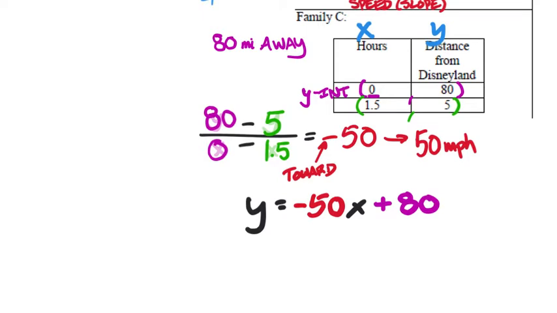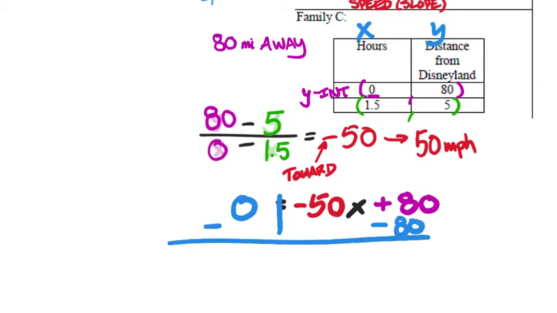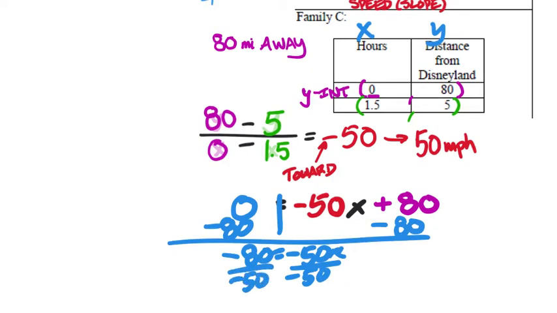So same thing as we did with family A. We want the distance here to be 0. So that's what I'm going to do. There's a 0 distance. All I've got to do is solve this equation. So subtract 80 from both sides. So I got negative 80 equals negative 50x. And then just divide both sides by negative 50. So x then, let's see, I got 1.6.